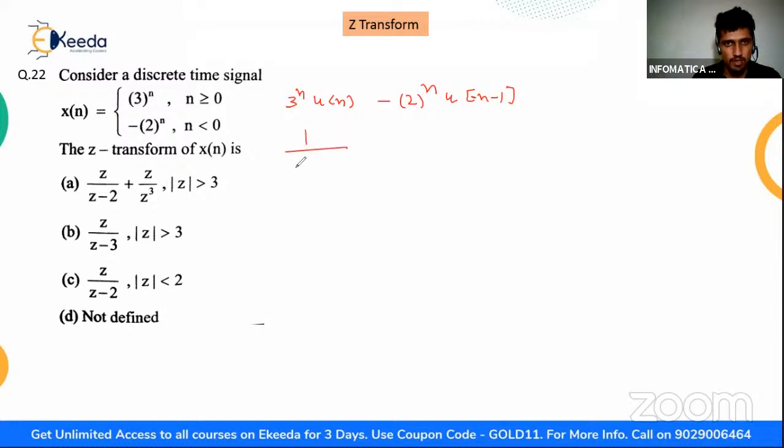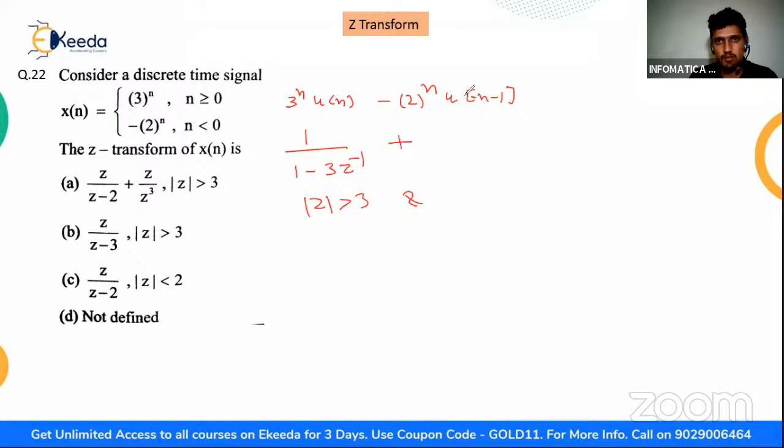And this Z transform is given by 1 upon 1 minus 3z inverse, because a raised to the power n u of n is 1 upon 1 minus a z inverse. And for this ROC we will mention mod of z must be greater than 3. And for this, what will be the Z transform?